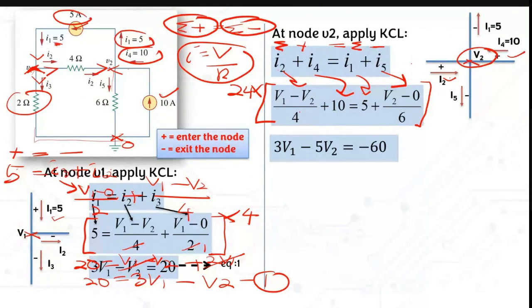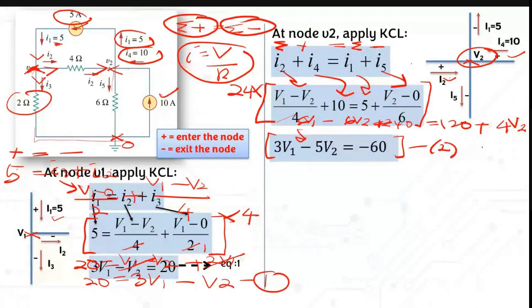If you cancel this, you will have 6V1 minus 6V2 equal to 240 minus 5 times 120, I think it was. And plus this one, you will have 4V2, and then when you simplify, you will have these equations. So this we define as equation 2.